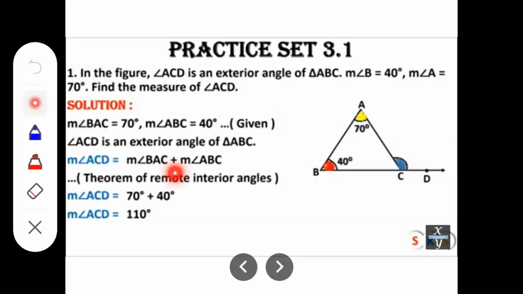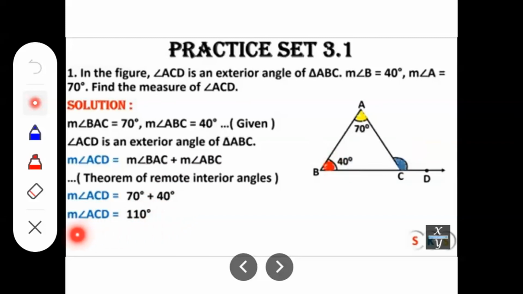remote interior angles. Now, which are remote interior angles? That angle BAC means angle A and angle ABC means angle B. Okay. Now, put up the value that angle A is given 70 degree plus angle B is given 40 degree. So 70 plus 40, the addition is 110 degree.